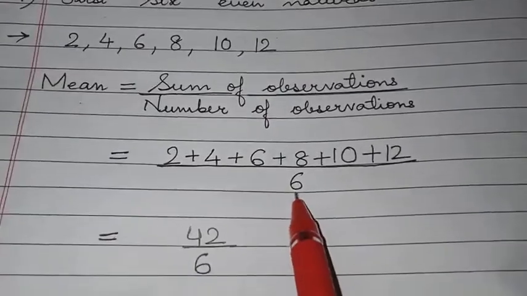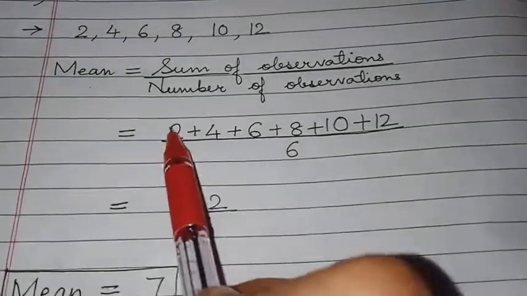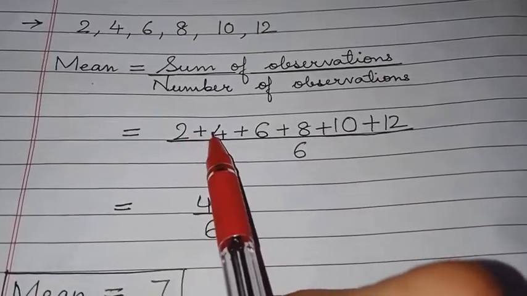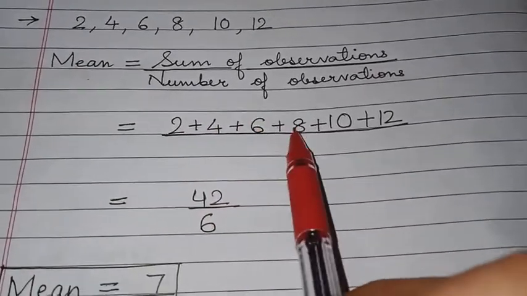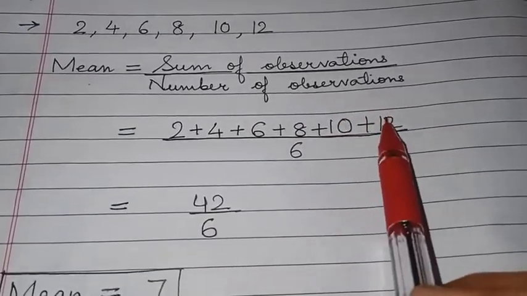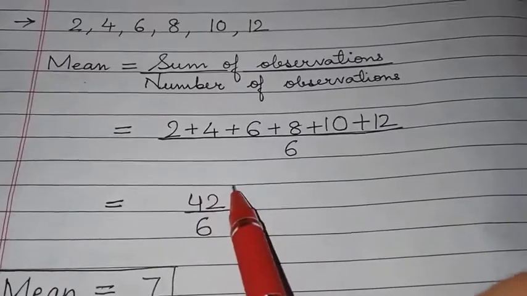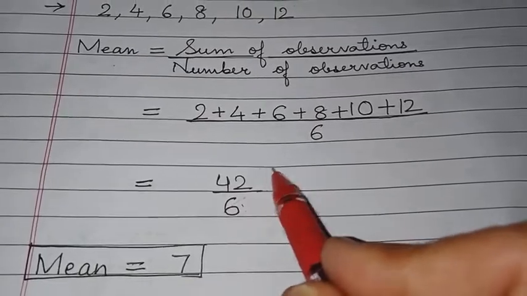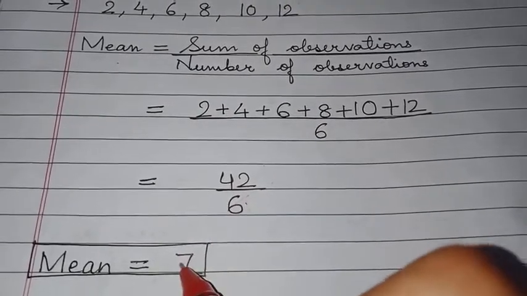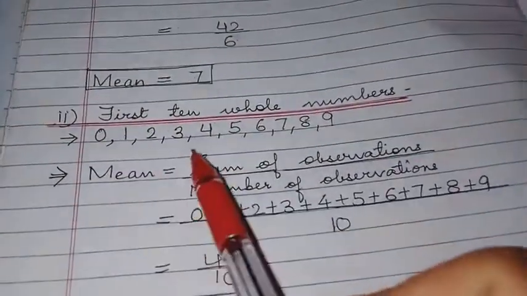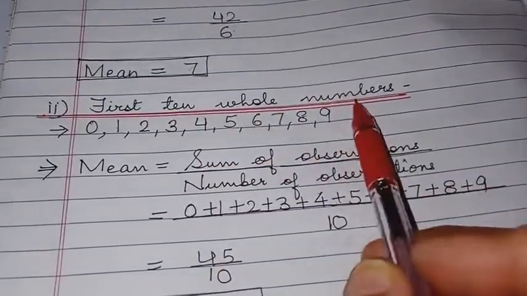Add all of them: 2 plus 4, 6. 6 plus 6, 12. 12 plus 8, 20. 20 plus 10, 30. 30 plus 12, 42. 42 divided by 6: 6 sevens are 42. So the answer is 7. The mean is 7.